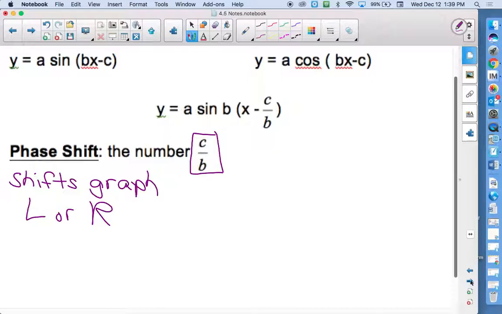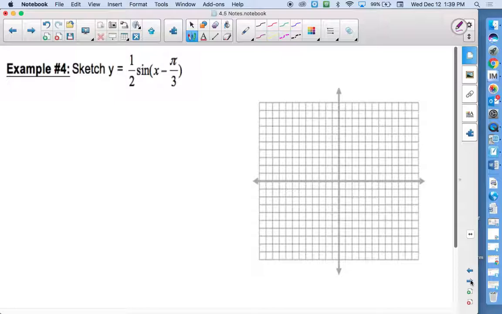So if you look at the first problem, this one starts out a little easier than the second. We're going to work through it the same way that we just did the warm-up. So we're going to think of a, b, and c, and what a, b, and c do to the graph. So we start with y equals 1/2 sine, and then in parentheses, x minus pi over 3.